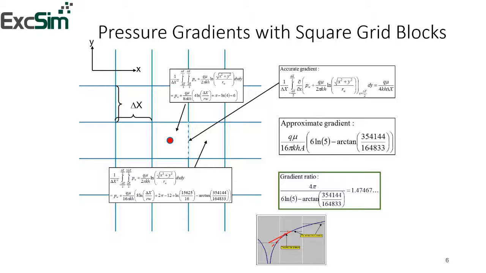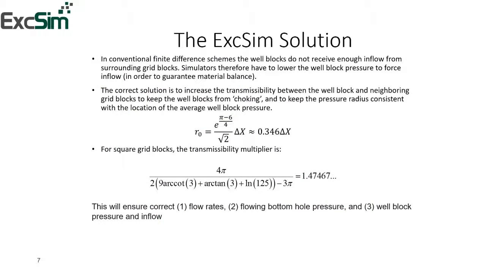If it's a rectangular grid block, there are other values. But just to summarize, XM assumes that the equivalent well block radius is 0.346, not 0.2 as Peaceman does.